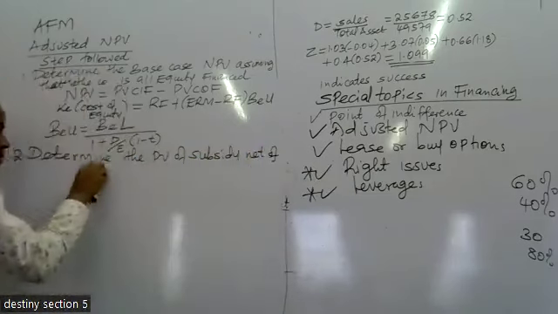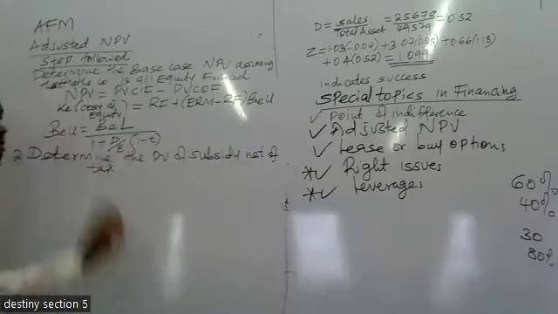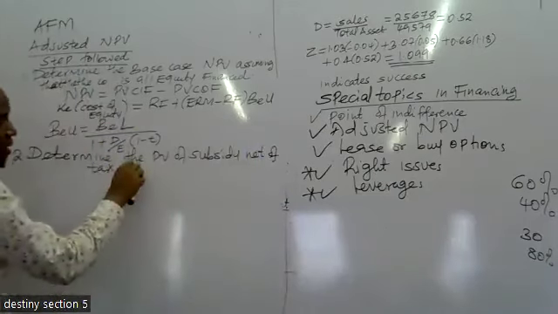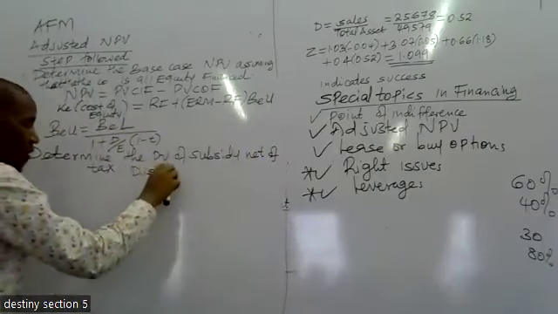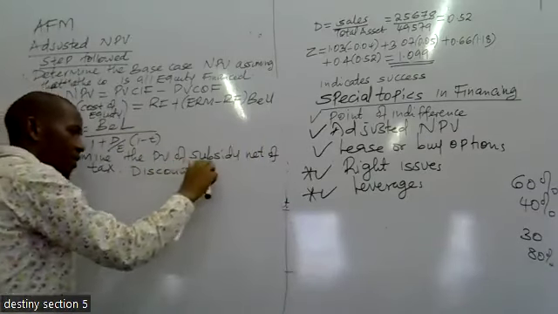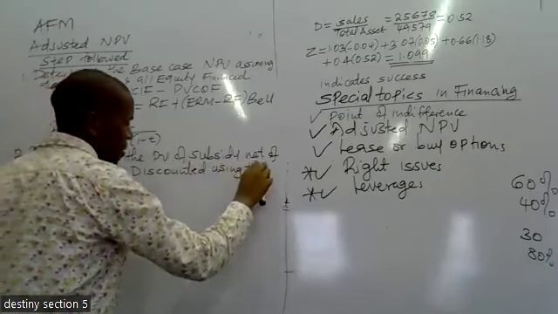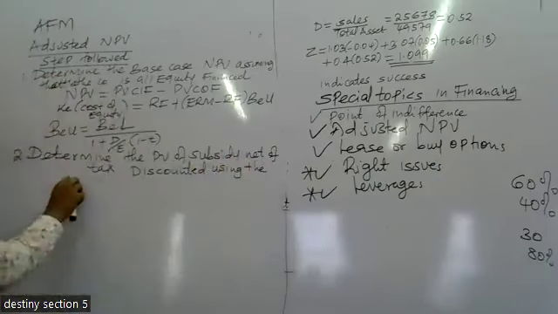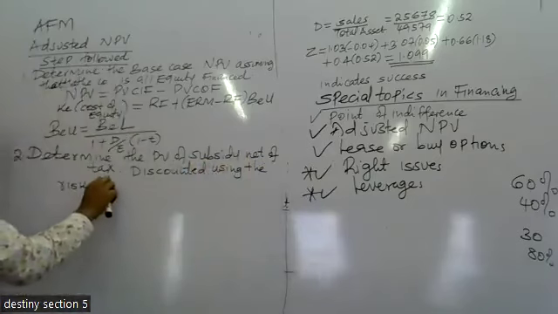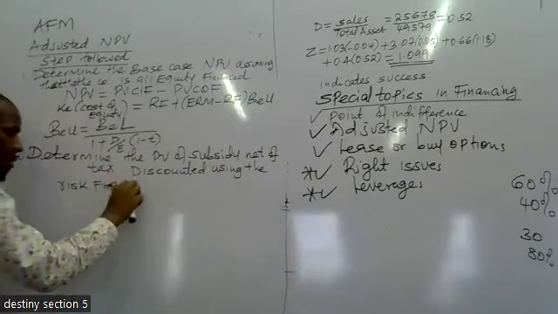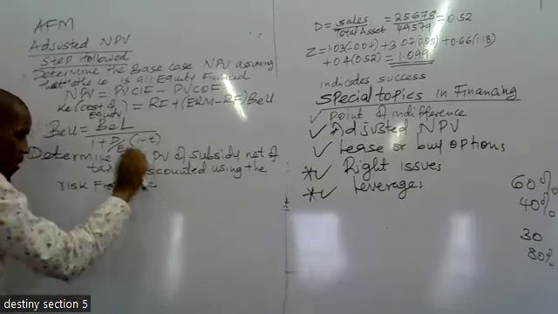Net of tax. Awesome. And to get this, we discount it using the risk-free rate. Discounted using the risk-free rate.